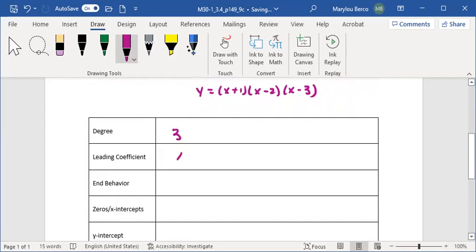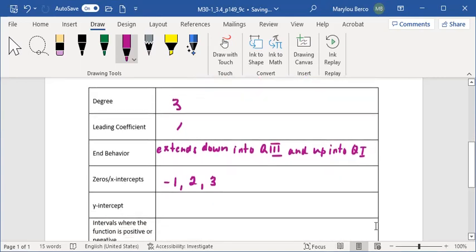The end behavior, it extends down into quadrant 3 and up into quadrant 1. The zeros are negative 1, 2, and 3. The y-intercept is 6.